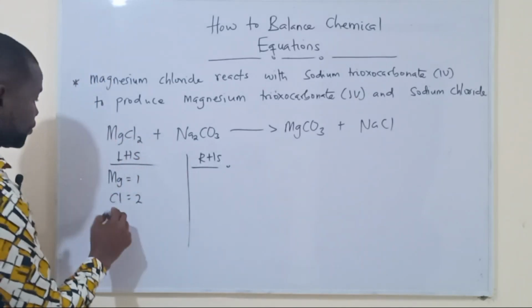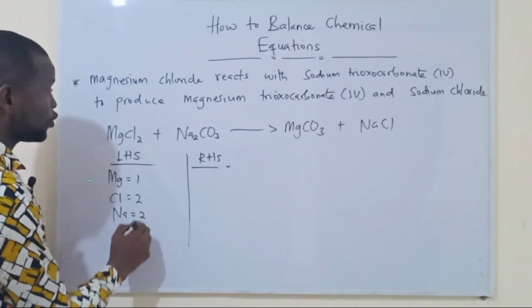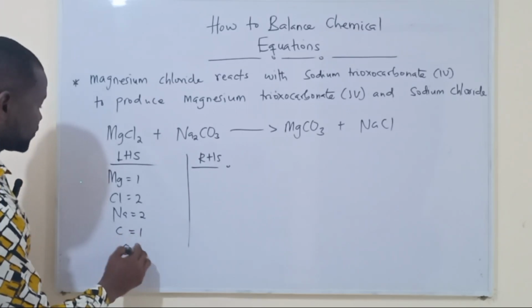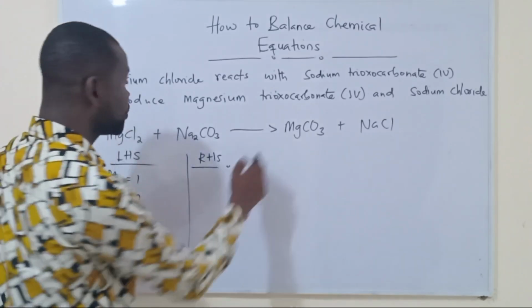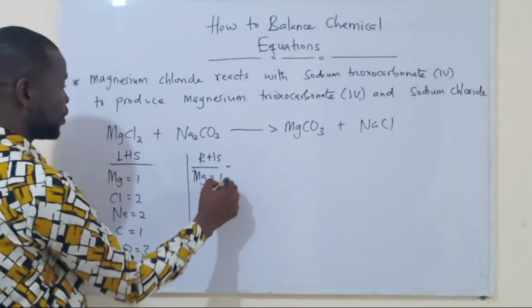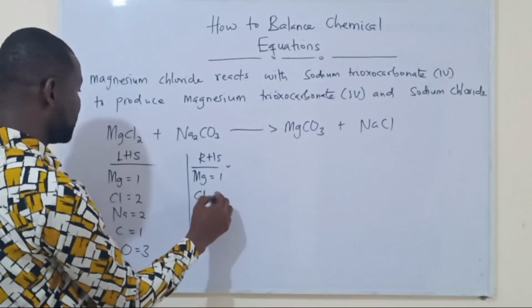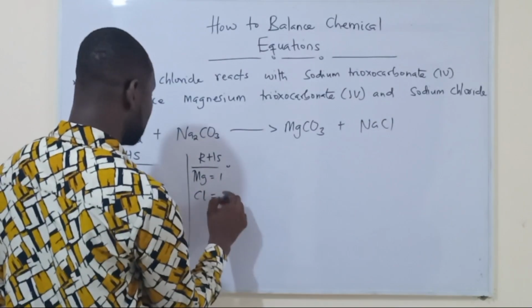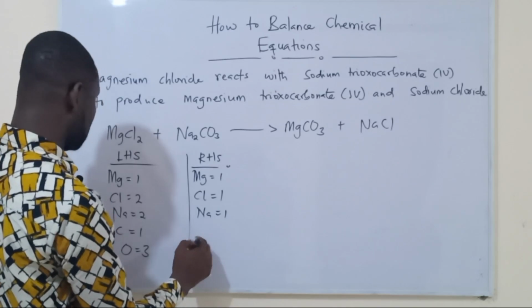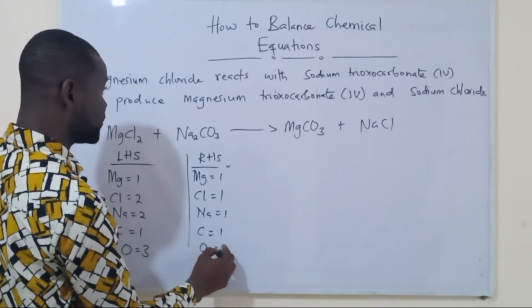Mg is 1 atom. Sodium, we have 2 atoms. Carbon, we have 1 atom. Oxygen, we have 3 atoms. Then we'll repeat saying magnesium for the product side is 1. Chlorine is 1. Sodium is 1. Carbon is 1. Oxygen is 3.